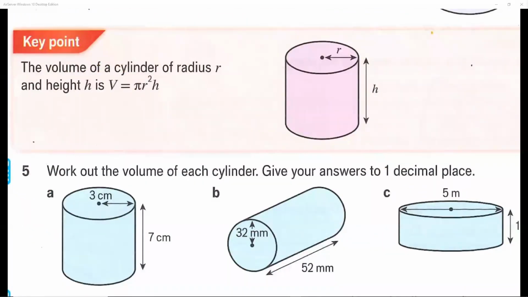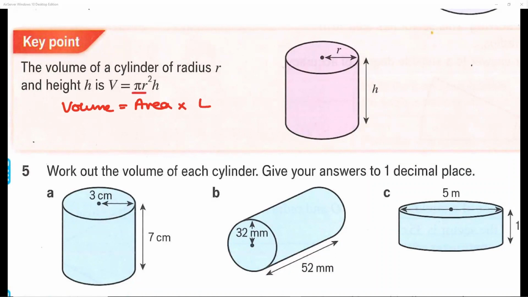Right, let's get started onto our key point. If you want to work out the volume of a cylinder of radius r, the volume will be given by pi r squared h. Everybody draw a little quick sketch of that, please, if you can. The volume for a prism is always equal to the area times, in this case, the height, the length or the width, depending on which orientation the shape's in.